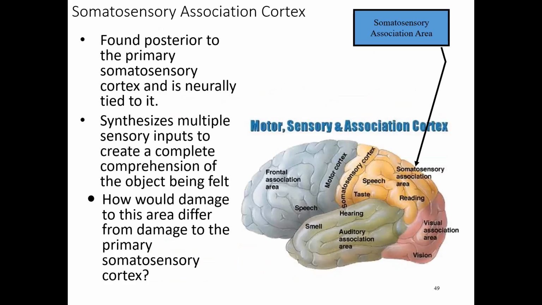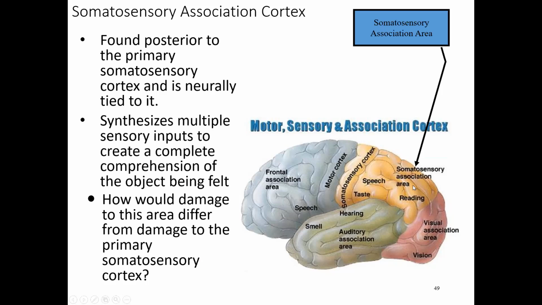So the somatosensory association cortex is right behind the primary somatosensory cortex. If here in the post-central gyrus is our somatosensory cortex, right behind it is our association area, the somatosensory association area.